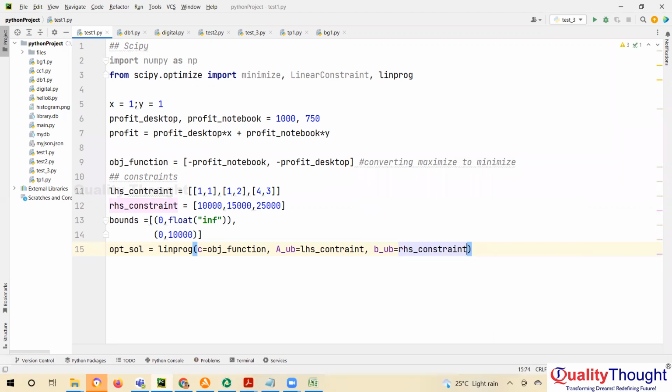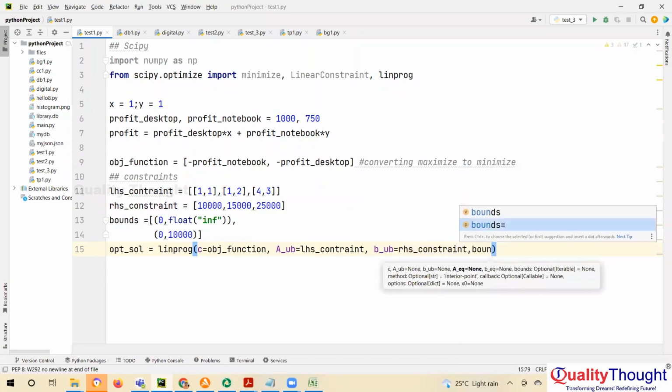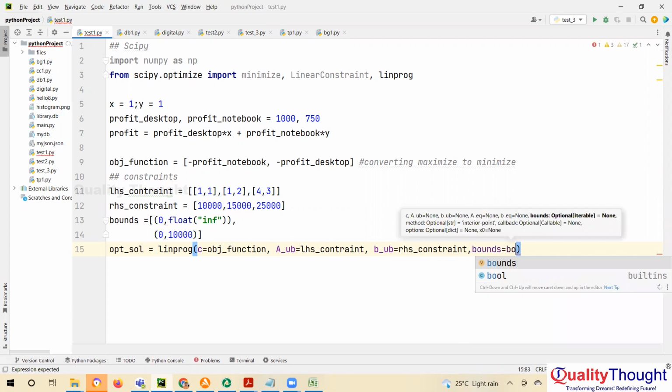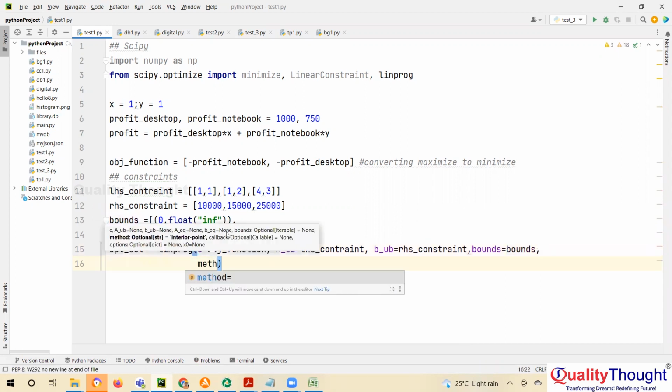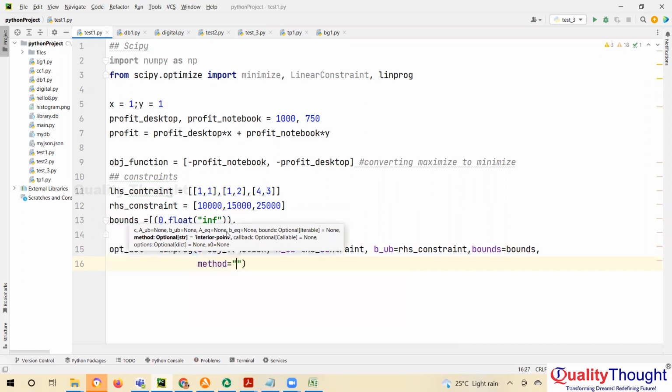Now we have to give the bounds. So these are the boundaries within which the values can exist. So objective function, left hand side constraint, right hand side constraint, bounds, and the method that we want to use. Method is called simplex, revised simplex actually.